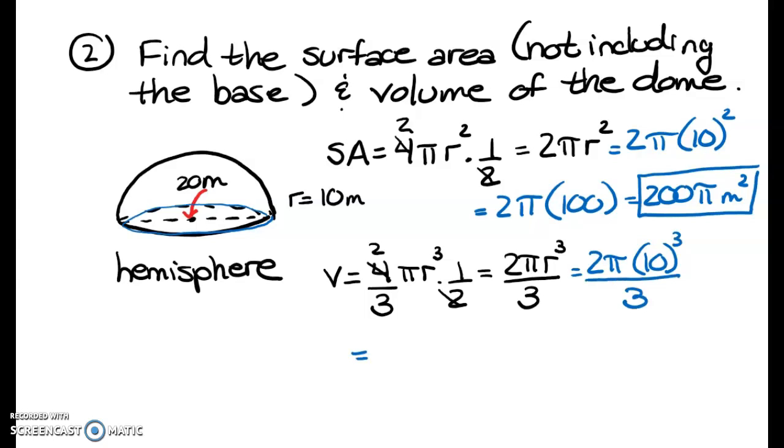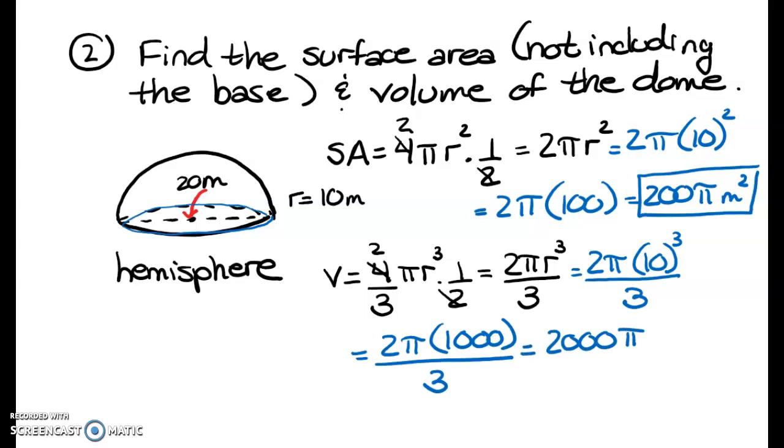So when I cube 10, I get 1,000. And when I multiply by 2, I get 2,000 pi over 3. And I know this doesn't reduce because 2 plus 0 plus 0 plus 0 is 2, and 2 is not divisible by 3. So I'm going to leave it just like this.